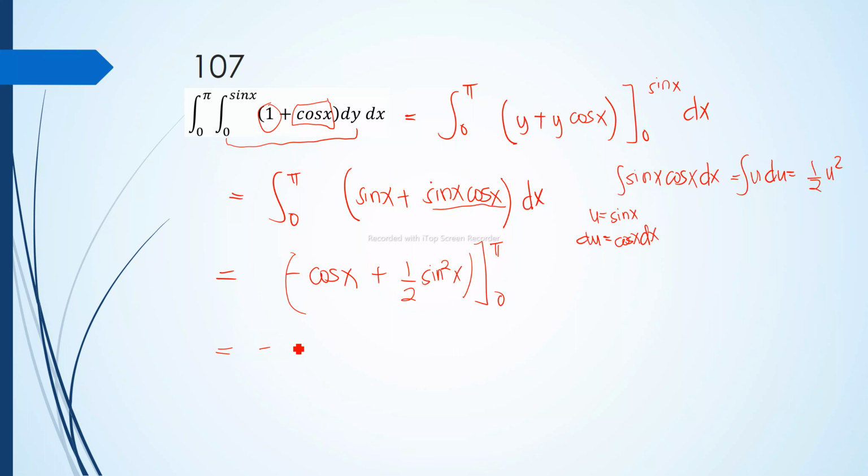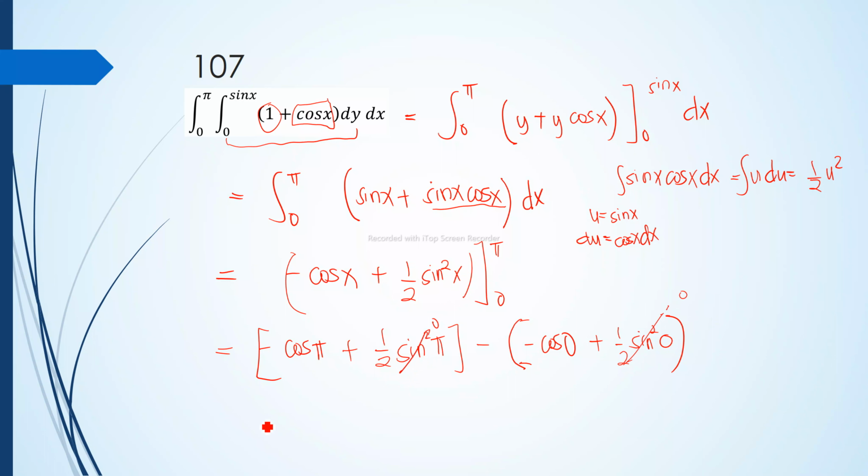So we have negative cosine pi plus 1 half sine squared pi, minus negative cosine 0 plus 1 half sine squared 0. Sine pi is automatically 0. Sine 0 is also 0.